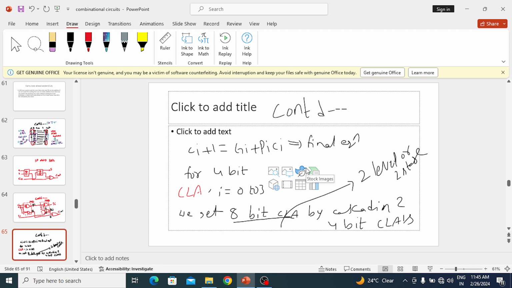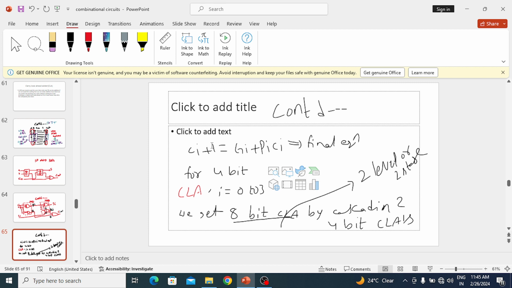We generally do 4-bit, which will be like an IC. If you want 8-bit, you cascade two 4-bit ICs. This 4-bit is called a single stage or single level. An 8-bit adder will contain two stages or two levels.